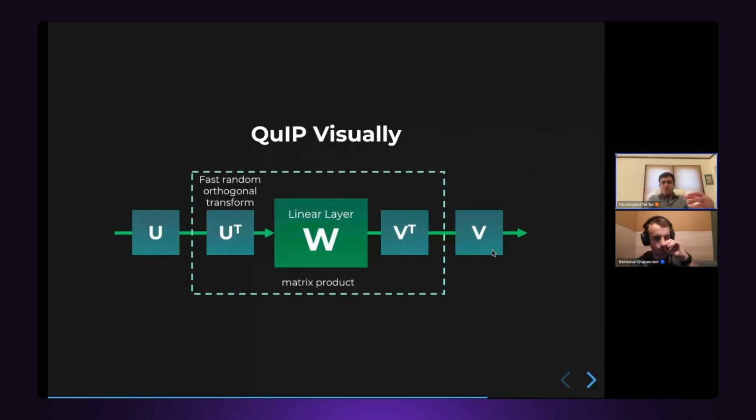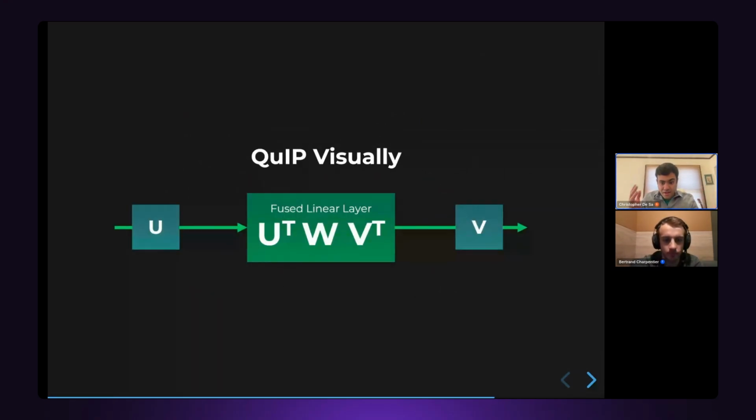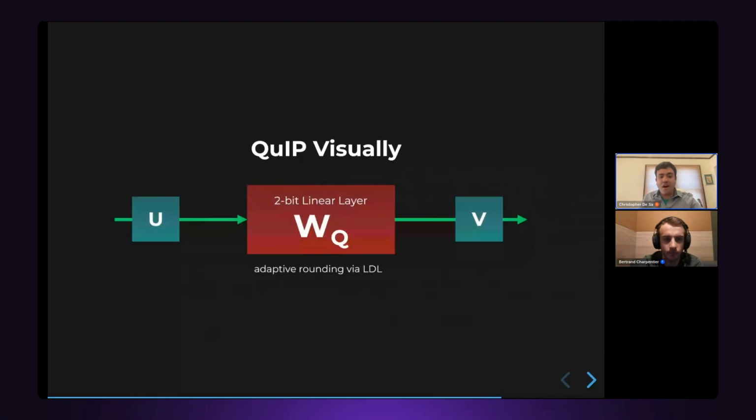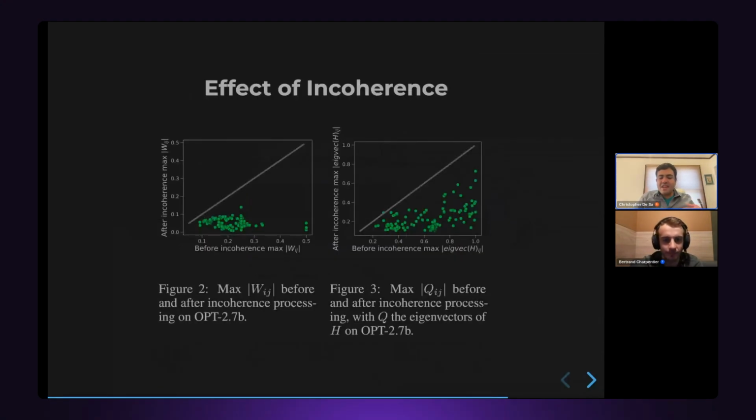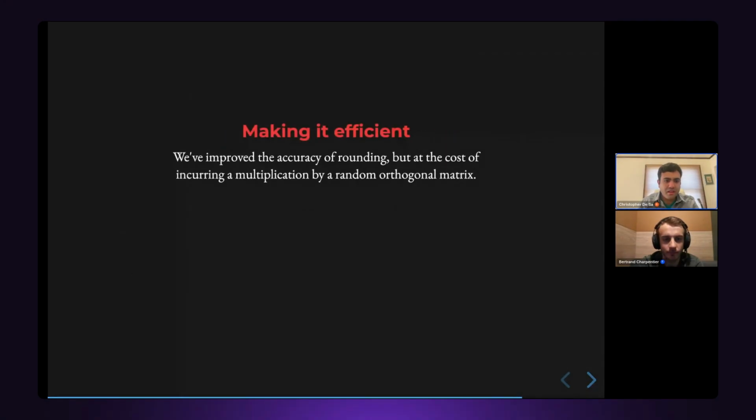Then we fuse the internal transforms together by doing a matrix multiply of the weights, and then we quantize those weights. Then what we get is a fast-to-multiply linear layer proxy that has much better incoherence properties and gives us a nice end-to-end guarantee on what the proxy loss is going to be.